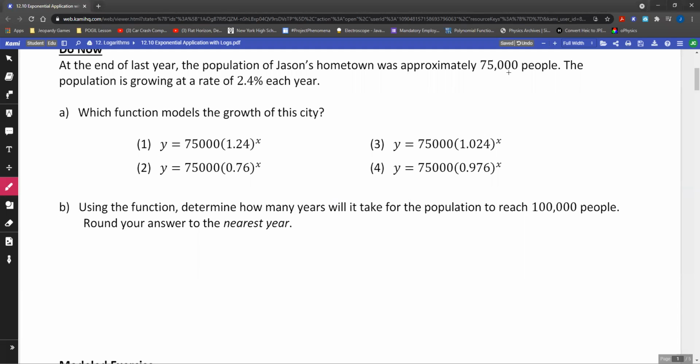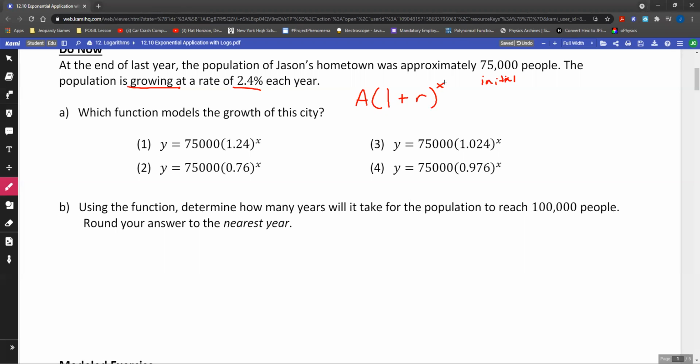So they tell us that there's a population for this kid Jason's hometown, which originally had 75,000 people. So this is our initial value. And that the population is growing at a rate of 2.4% each year. Now, remember, we have our exponential growth equation, which is always going to be written in the form of a times 1 plus r to the x.